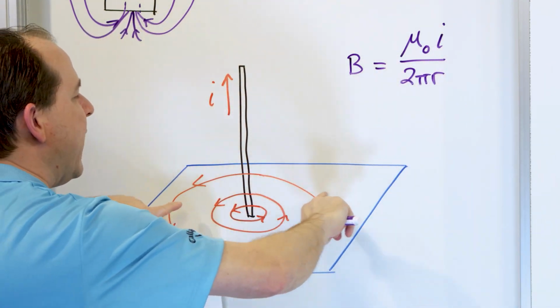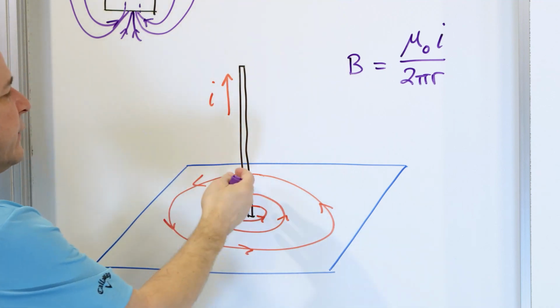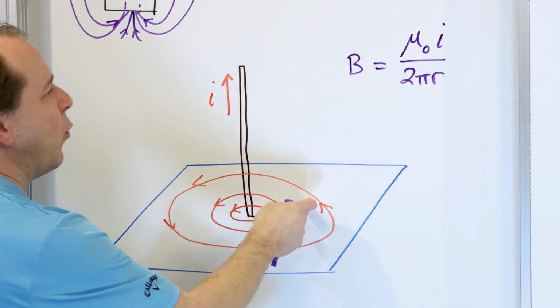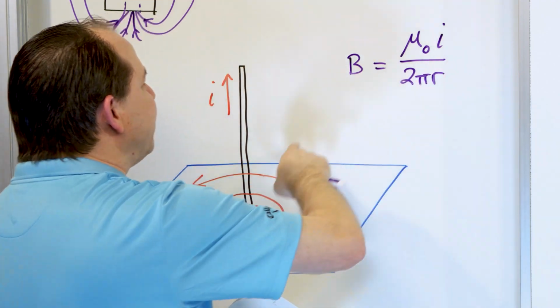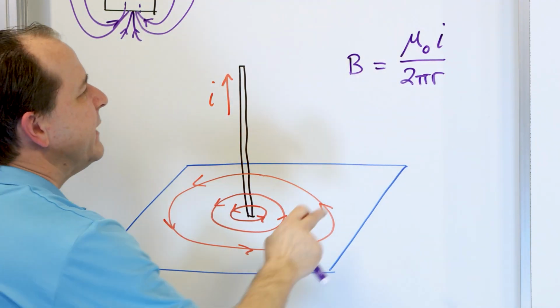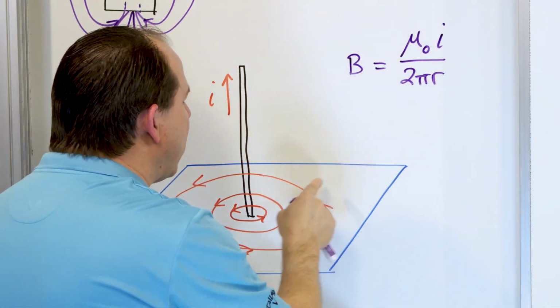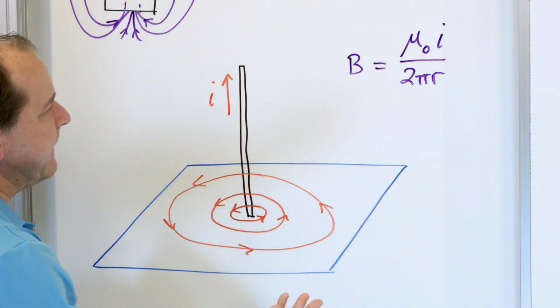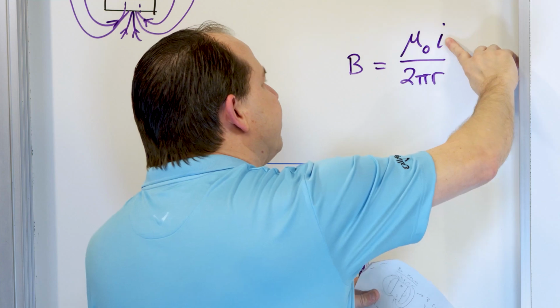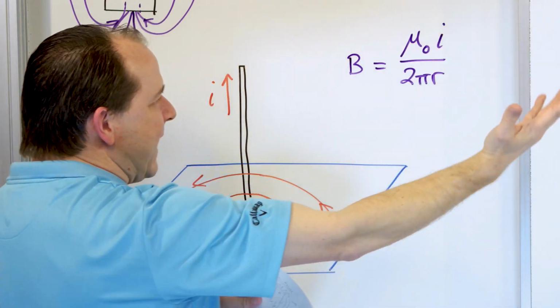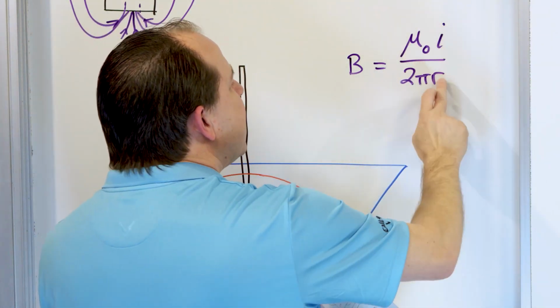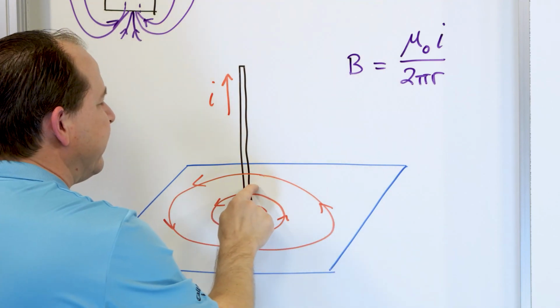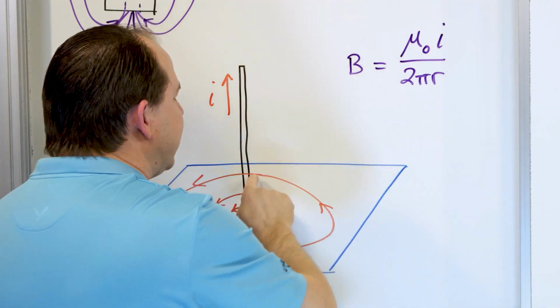That's the distance away from the wire. So the magnetic field strength at any point in space around this wire is directly related to how much current is flowing in the wire, but it's inversely related to how far away, because the r is the perpendicular distance to the wire, essentially. So if you keep the electric current a fixed constant like we had in our experiment at 9 amps, then as the distance gets farther and farther away, the magnetic field gets weaker.